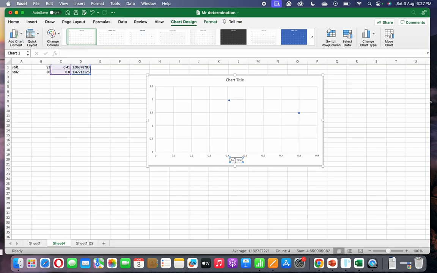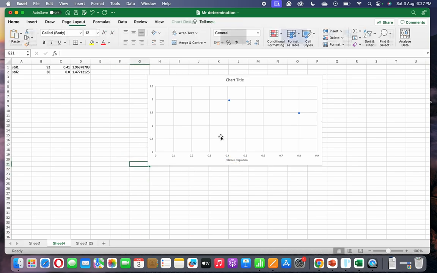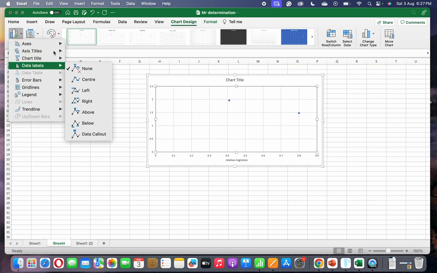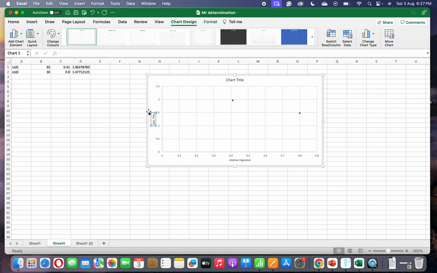Again, this is relative migration, and this is log of the molecular weight.